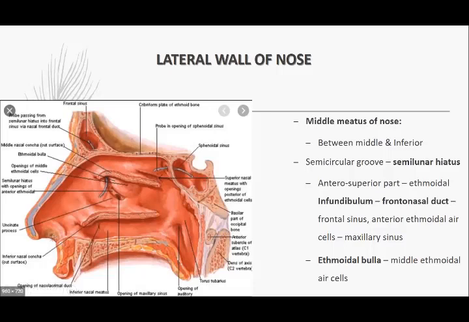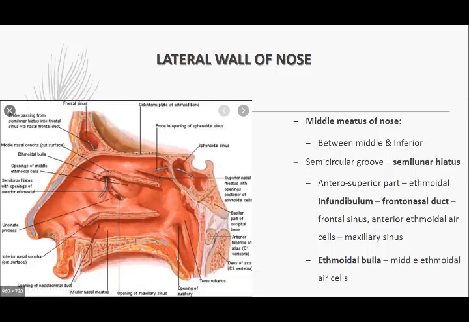Okay, lying between the middle and the inferior concha, you have this middle meatus. This whole area, this is an enlarged view, this is the middle meatus, which is lying between the middle and inferior concha. Okay?